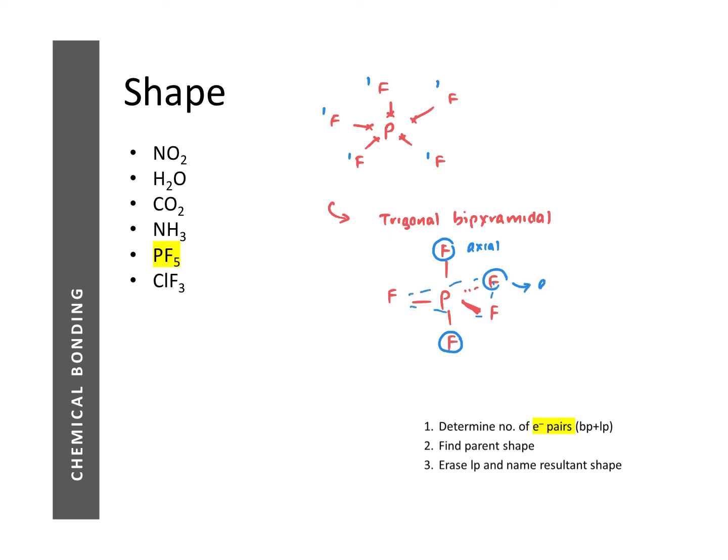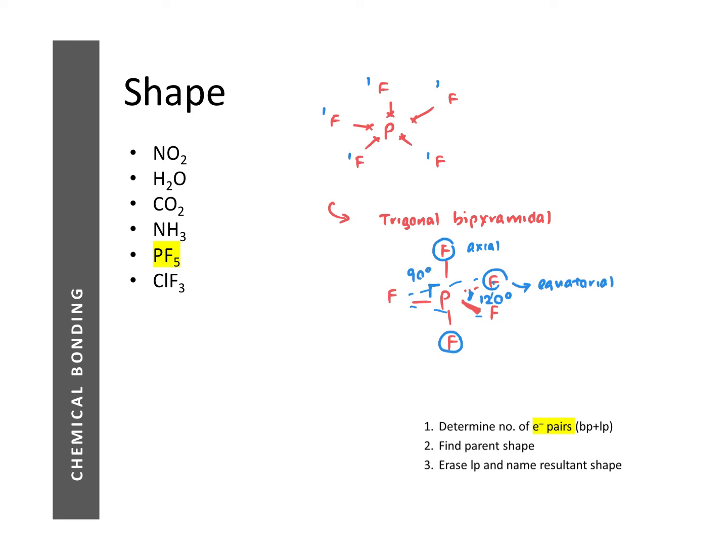We call these the equatorial fluorine atoms. Between the equatorial fluorine atoms, we have an angle of 120 degrees. Between an axial and an equatorial fluorine atom, we have an angle of 90 degrees.